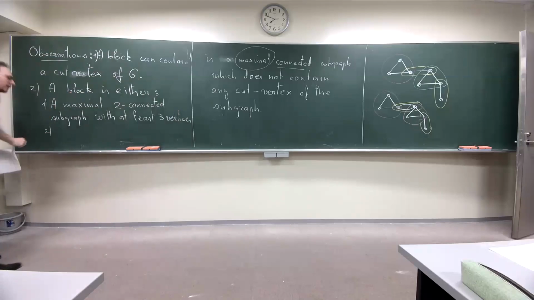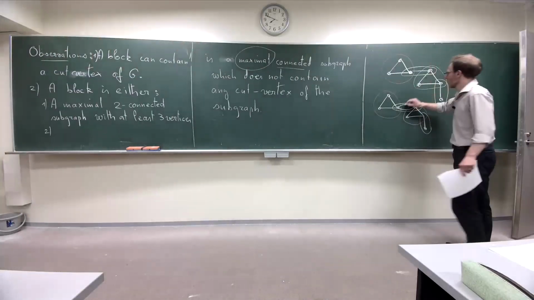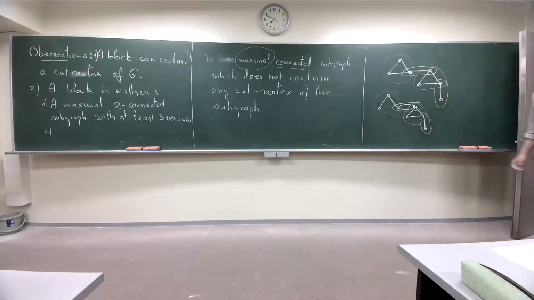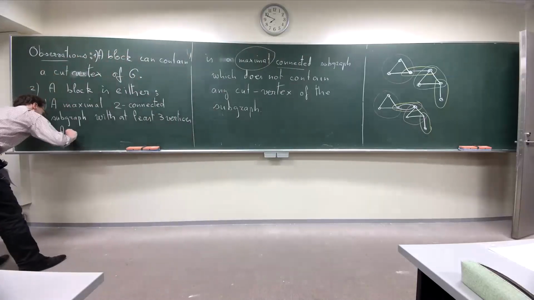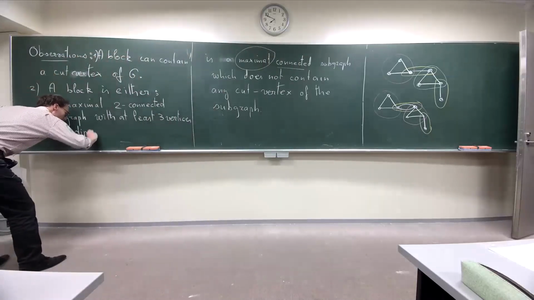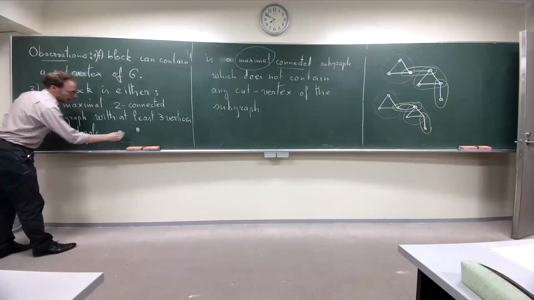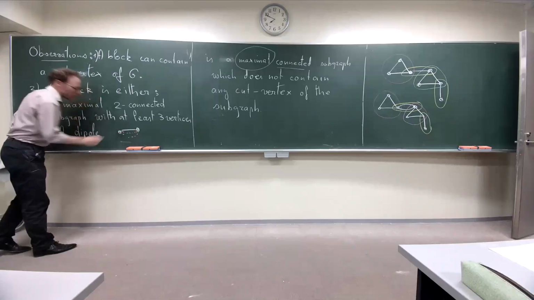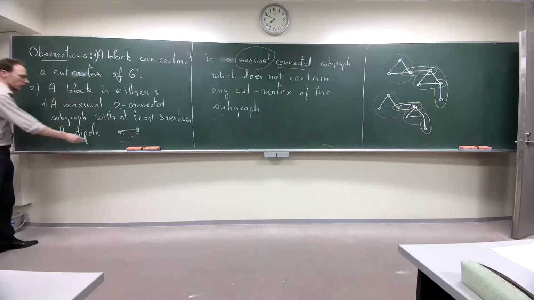The second case is the yellow, these four yellow guys. So the second one is what is called a dipole. So what is it? It means two vertices and at least one edge, or maybe more than one if you have more than one. This is called like this. And what is the third option?